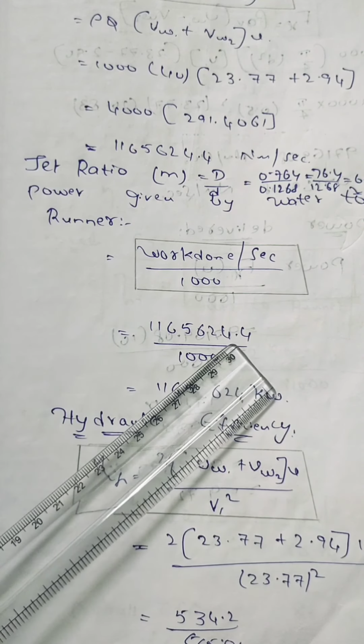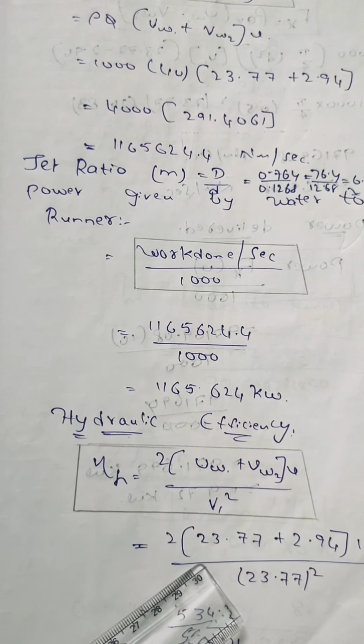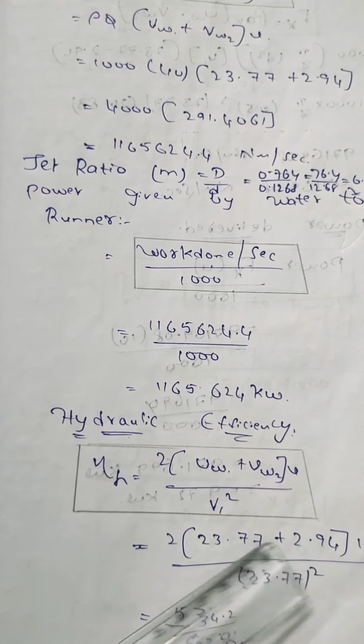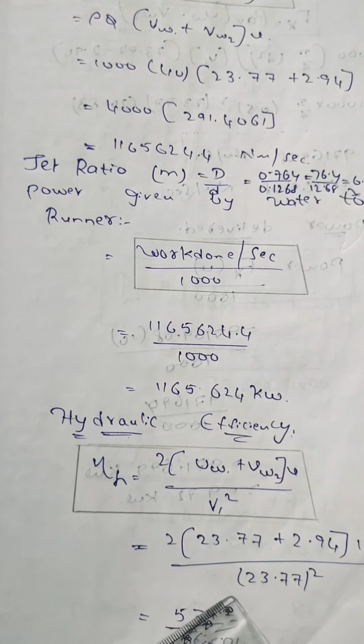Hydraulic efficiency eta H equals 2 into (VW1 plus VW2) into U divided by V1 square, where VW1 is the velocity of the water 1, VW2 is the velocity of the water 2, U is the uniform speed and V1 is the velocity.